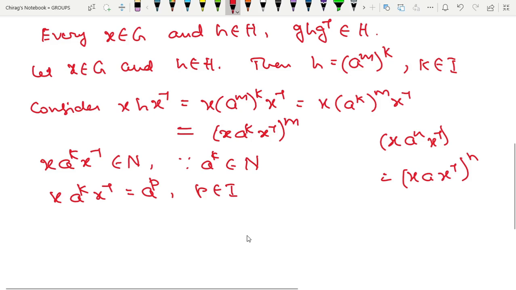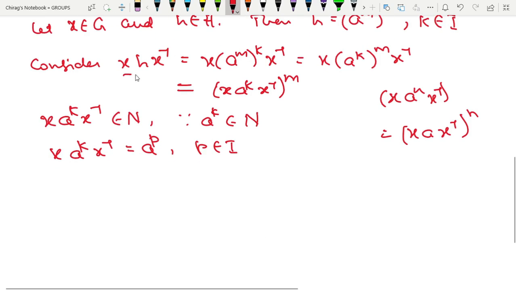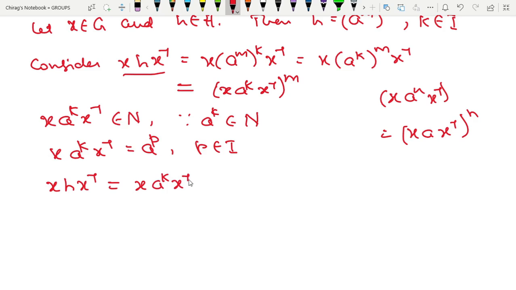Okay, so now we have from this x h x inverse equal to (x a^k x inverse)^m, which is equal to (a^p)^m.